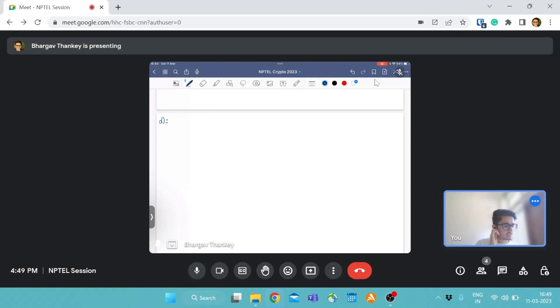We'll show that if there exists a distinguisher for F prime, then there also exists a distinguisher for F. And here's the reduction.